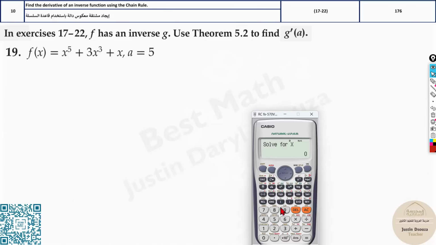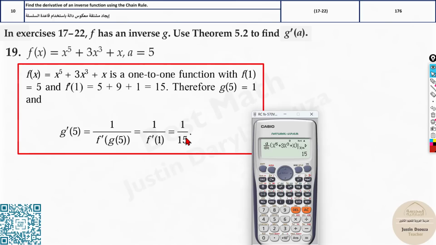Shift and solve and then press equal to. The answer over here is 1. So now we derive this particular function at 1. X to the power 5 plus 3x cubed, and we have plus x. The x value should be given as 1. Okay, 15. So the final answer will be 1 divided by 15. You can see here. This is it.